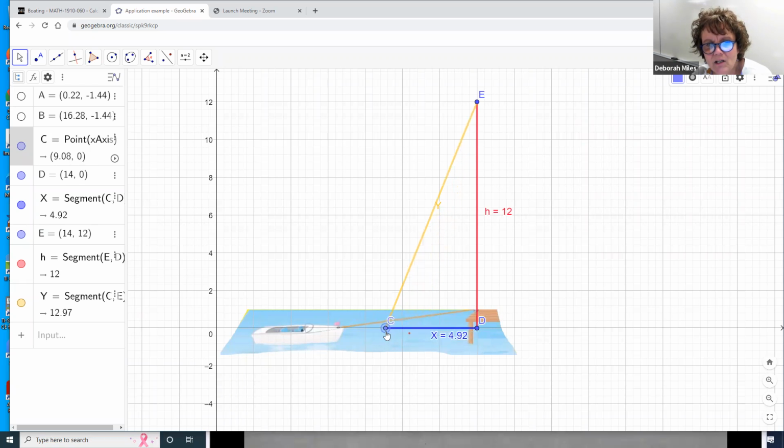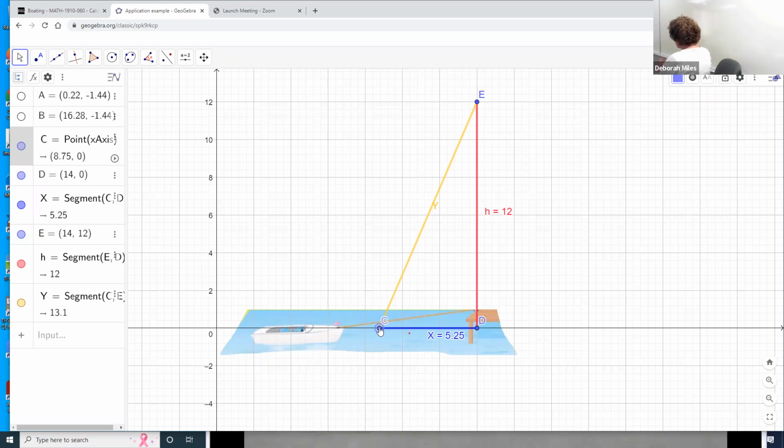So kind of like the ladder, if I'm pulling that boat in at a constant rate, which one of my rates is going to be constant, dy over dt or dx over dt? If I'm pulling the boat in at a constant rate.